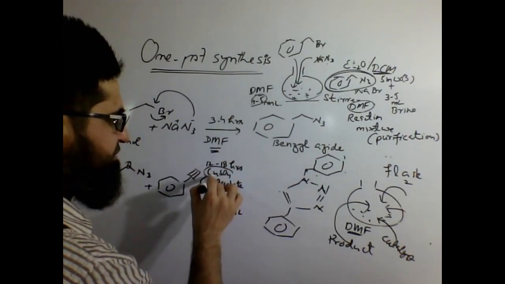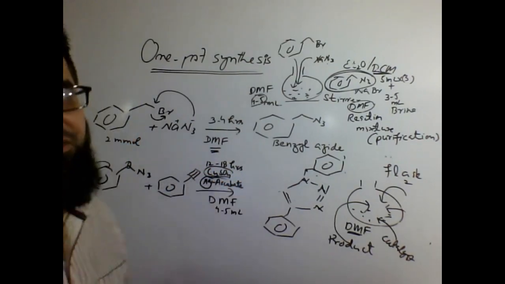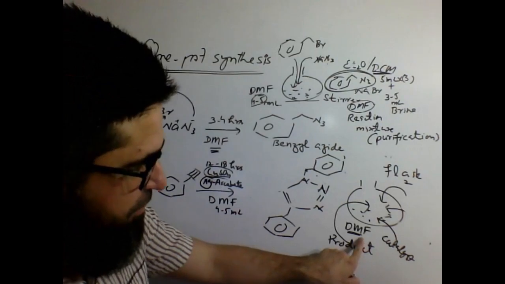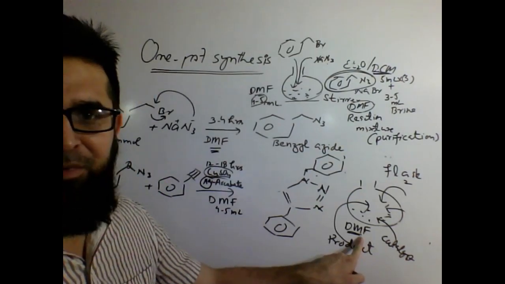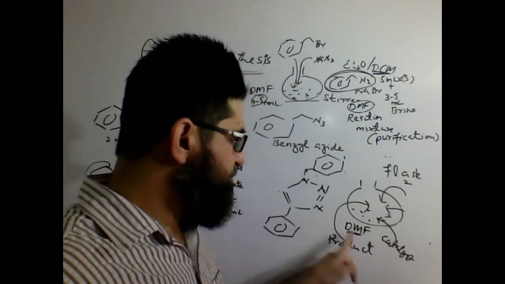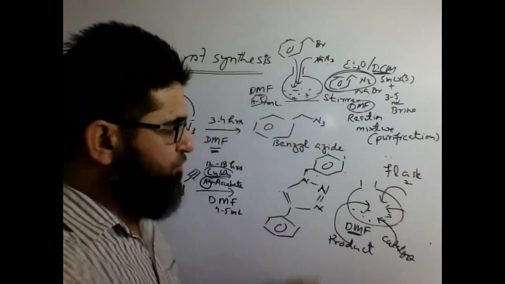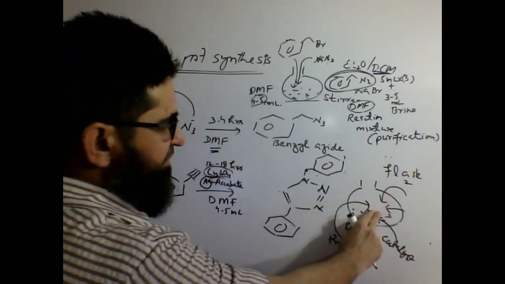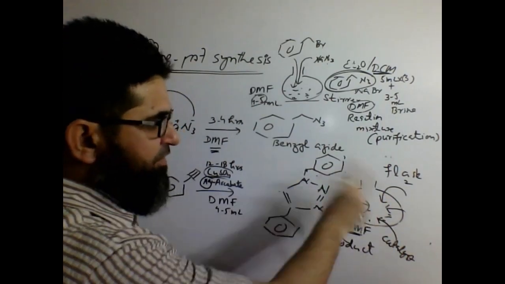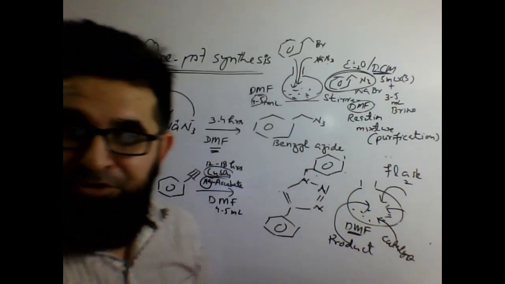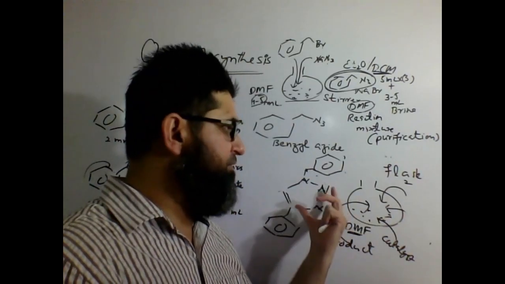You have an idea, it's an inorganic salt. We were using DMF, dimethyl formamide, as an organic solvent, so it would also be there, it won't have gone anywhere else. So the catalyst is in the flask, the solvent is in the flask, the product in the flask. So again we need to purify that in order to get only this one.